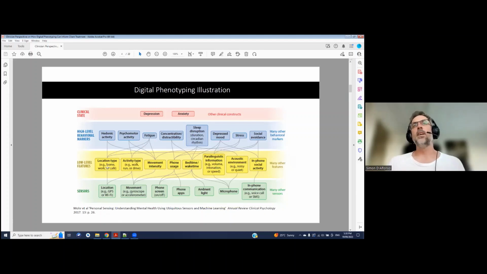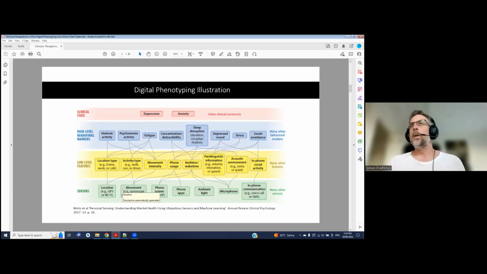This raw data is then converted into low-level features or informational features. From raw geolocation coordinates, we can get things like location type, or the extent of movement, or the entropy of movement, and so forth. We then go from the low-level features to the high-level behavioral markers.